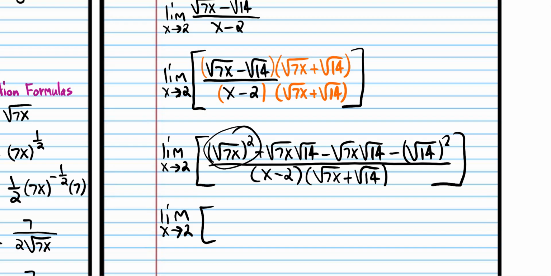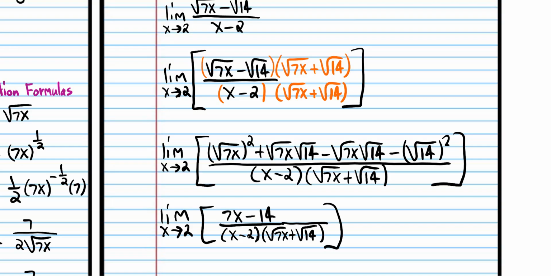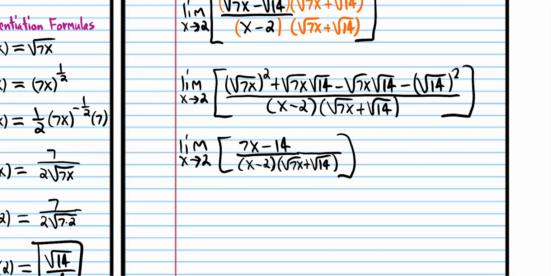So when you square a square root, it just gets rid of the square root. It's just 7x. These terms cancel out, and when you square a square root, again, you just get rid of the square root. Okay, so now in order to see what to do here, we have to factor a 7 in the numerator, and you can see what's going to happen.